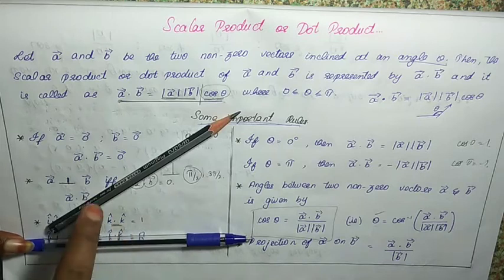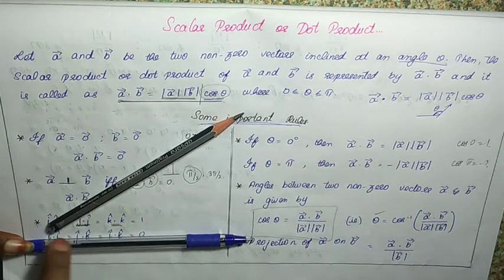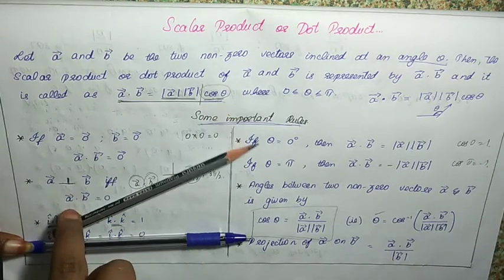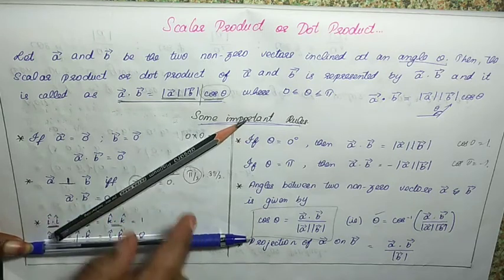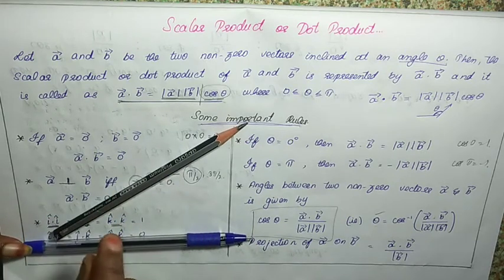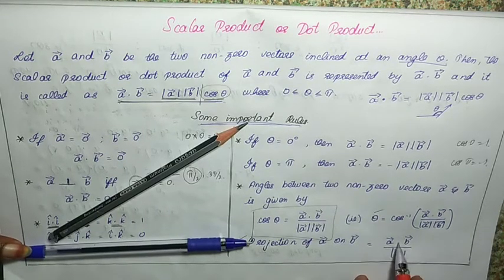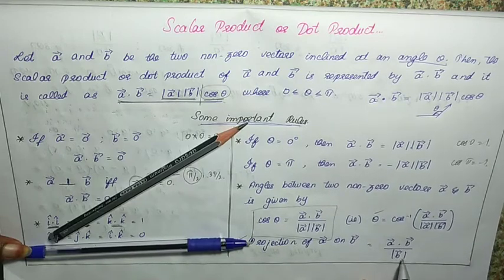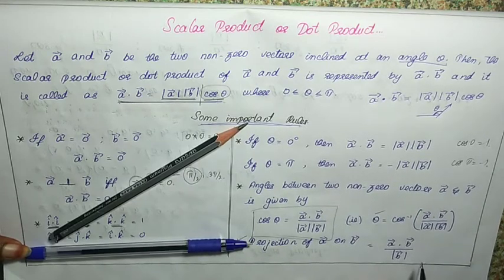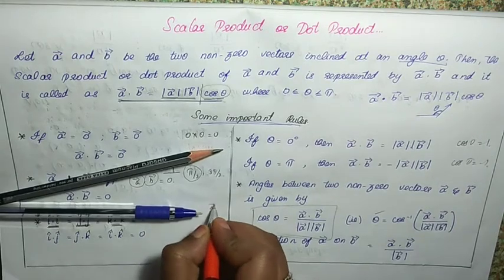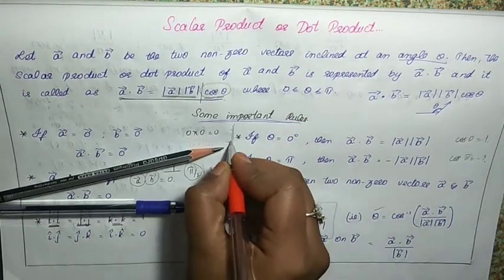Projection of a on b means b is projecting, it is on top, just like elevated. Then the formula is a vector dot b vector divided by mod of b vector alone.